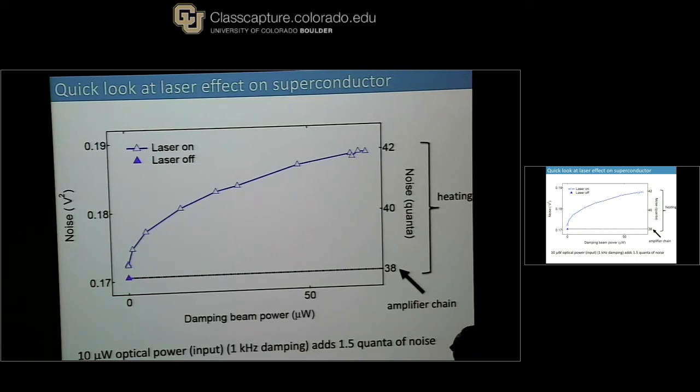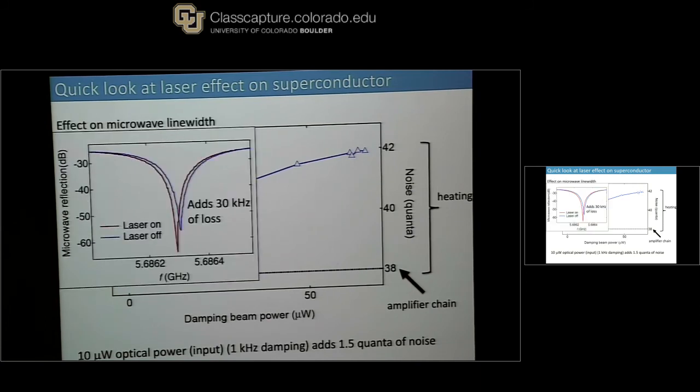So this is a plot of, if we turn the laser on and off and look at the noise quanta in the LC circuit, this is for one example experiment where we're increasing some beam power, and we have to sit somewhere along here to get the couplings that we want. Then we start to add quanta on the order of a few. And you can see this structure where as we increase the power, it increases in this certain way. And this is something that we understand empirically, but not fully theoretically.